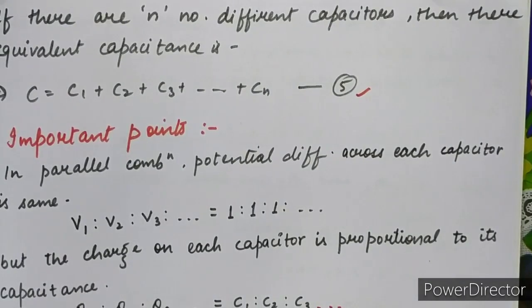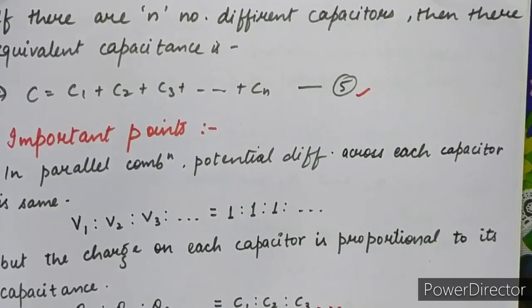Second, if n identical capacitors, each of capacitance C, are connected in a parallel combination, the equivalent capacitance of the combination is n times the individual capacitance.